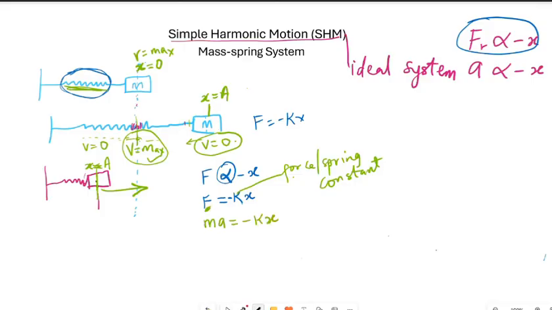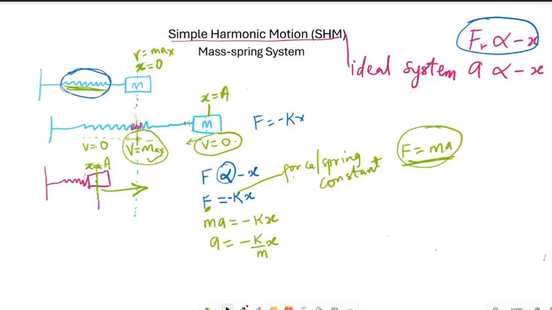I just changed this because we remember from Newton's second law of motion that F equals mass times acceleration. Now we are looking for a. So our a is equal to minus k over m x, if I divide both sides by m.